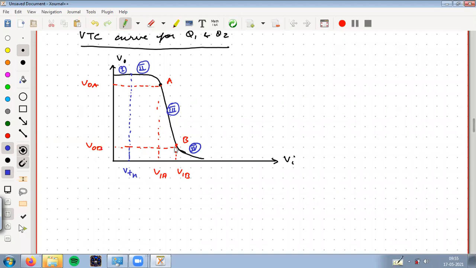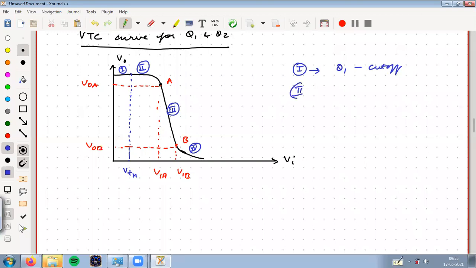You have already learned this, I believe, in your previous CMOS class. In region 1, Q1 is cut off, because VTN is not approached yet.